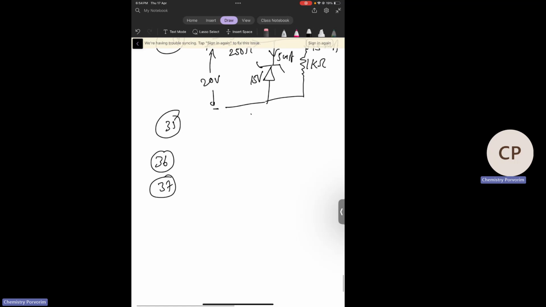In the network shown, the potential difference across diode D2 is.